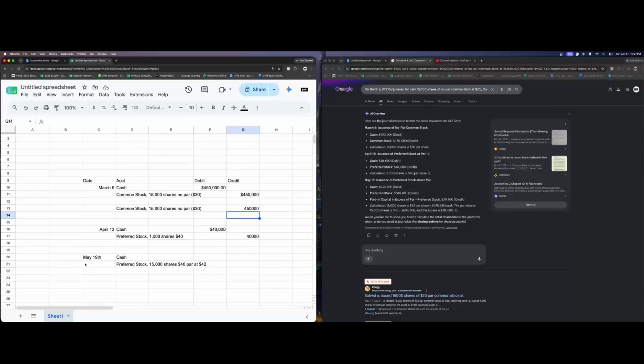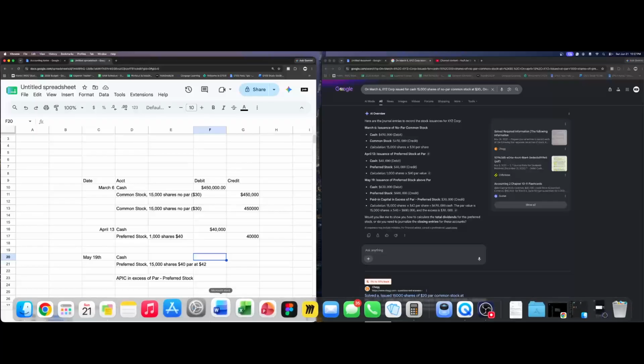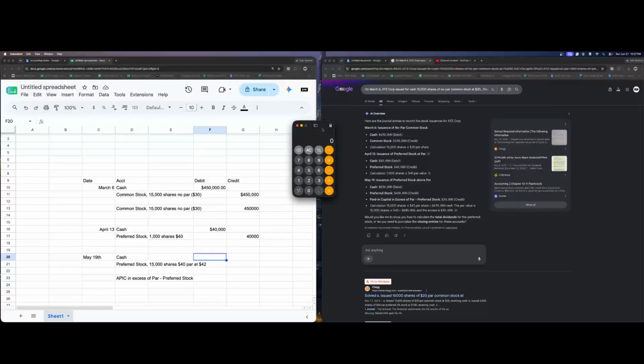But then this is going to be additional paid-in capital in excess of par, preferred stock. Okay, it's a mouthful. For example, the cash is the total amount of cash that was received, and this is the additional paid-in capital, right?